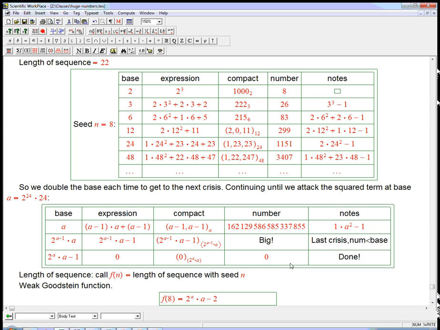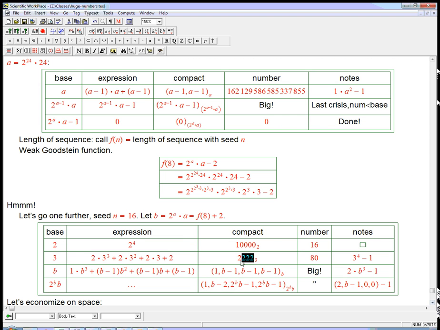The crisis happens when this would go to minus 1, and that starts making us have to change the 2 in the cubes digit. So we're going to have to change that out exactly at 2 to the a times a, which is called b. Okay, so we're going to get this gigantic number, 1 times b cubed plus b minus 1 times b squared, etc.